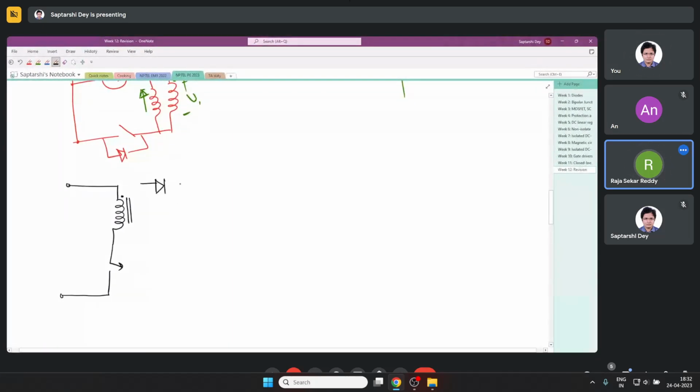We will put the same value of the source voltage, and we will reverse the polarity at the instant of switching off.